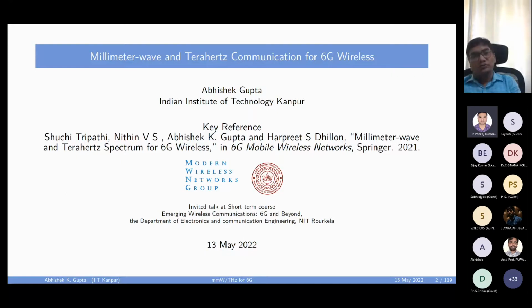And one more thing, what is the applicability of the terahertz spectrum for communication between a satellite and a node such as a UAV, which is lying below the troposphere? So what kind of absorption or losses will occur in this kind of system?